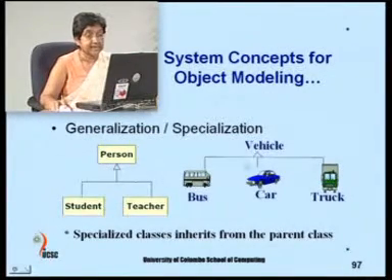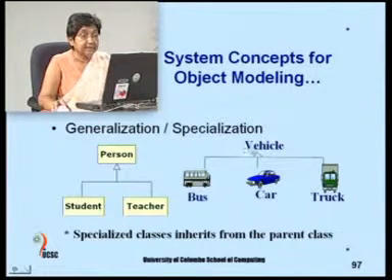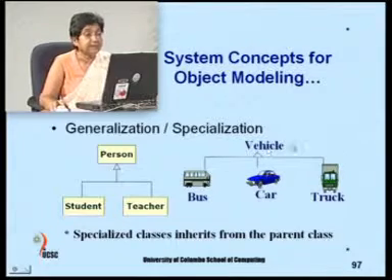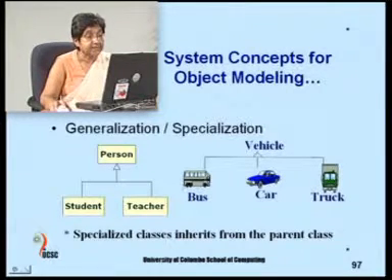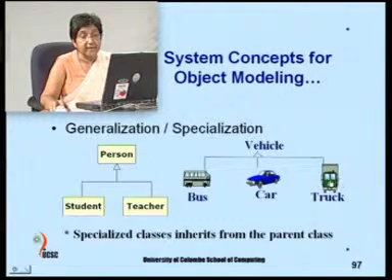Similarly, we can see another example. This is the one that we discussed just now, person, and you can see this symbol, student and teacher are subtypes of the supertype called person, and here we have a supertype called vehicle, and the vehicle can be specialized to further extent. Vehicle can be a bus, it can be a car, or it can be a truck, specialized types.